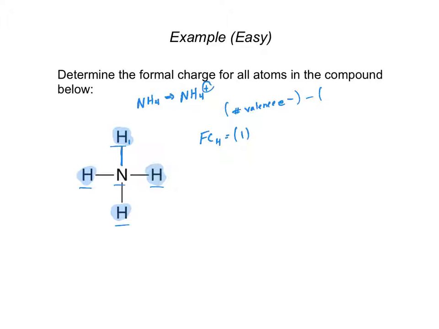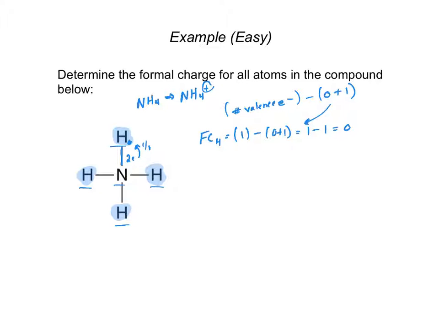And it only has 1 bond. There are 2 electrons in a bond, but half of them go to hydrogen, so it ends up being only 1 electron. So 1 minus 0 plus 1, which gives us 1 minus 1, which gives us a 0 overall formal charge. So we can go ahead and write 0 here for hydrogen.